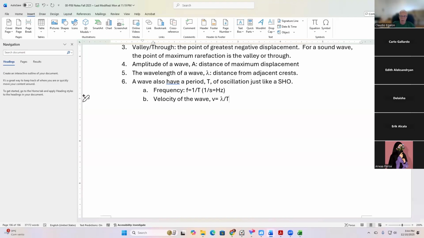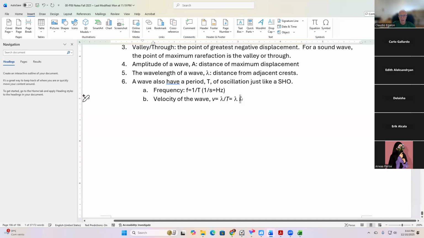Another way to write that down is lambda times the frequency. Lambda times the frequency. Oh, here you go, like that. I want to italicize here, so you can look nicer.